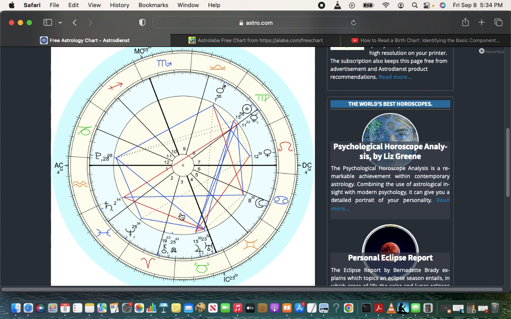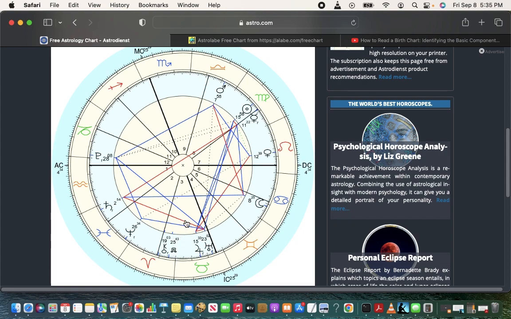We have the planets. We have the sun right here, the moon, Mercury, Mars, Jupiter, Saturn, Uranus, Neptune, Pluto, and the North Node.